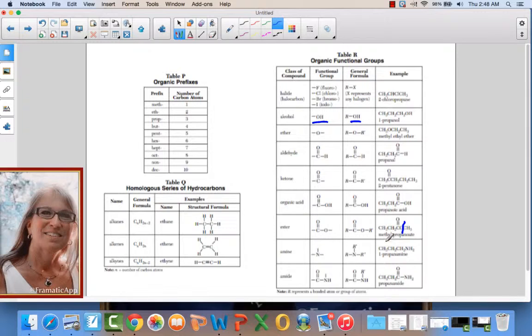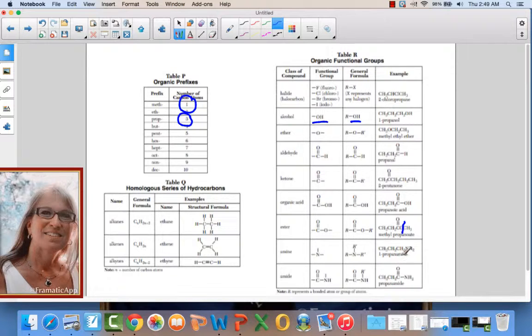Notice it starts with methyl. Methyl means 1 carbon. If this O is your dividing line, the only place you see 1 carbon is at the end. Propanoate. Prop means 3 carbons. If you look to the left of the O, this dividing line, you see 1, 2, 3 carbons.